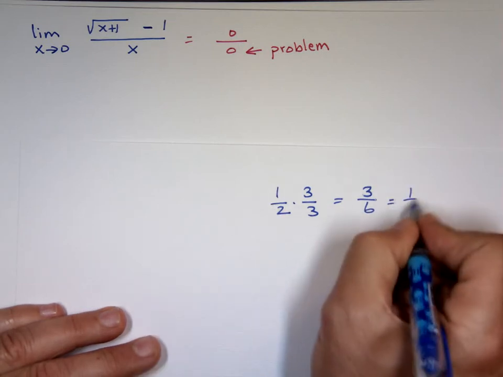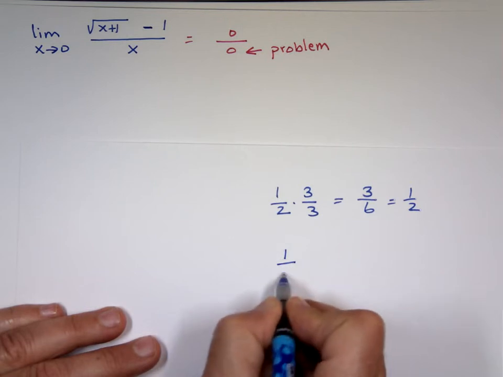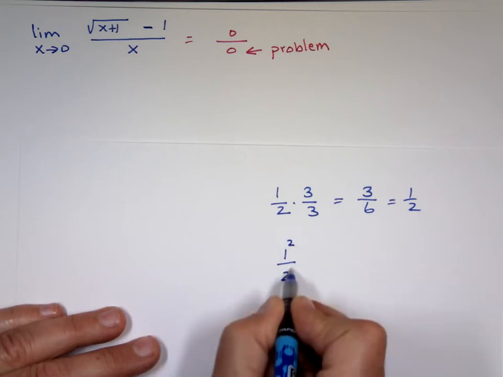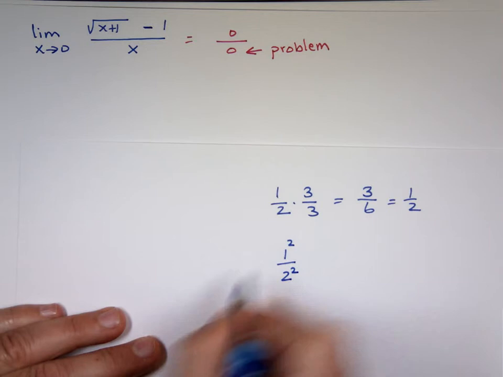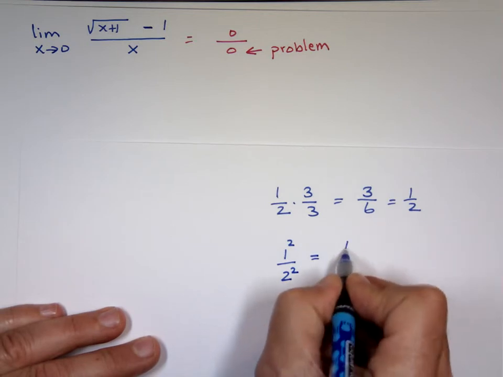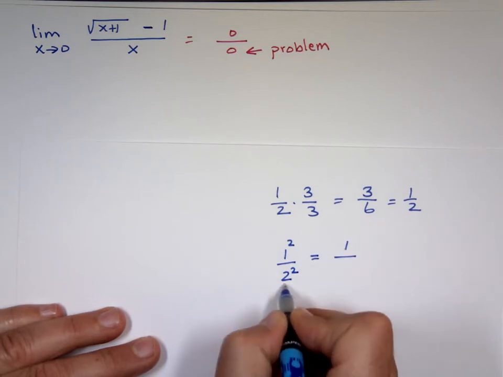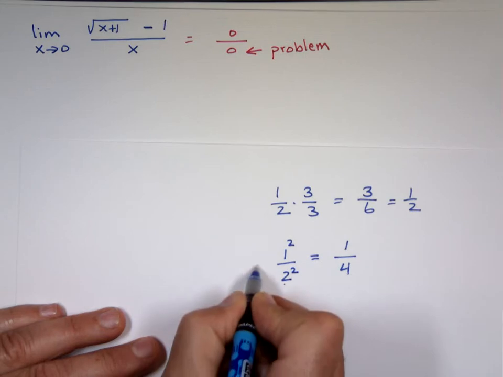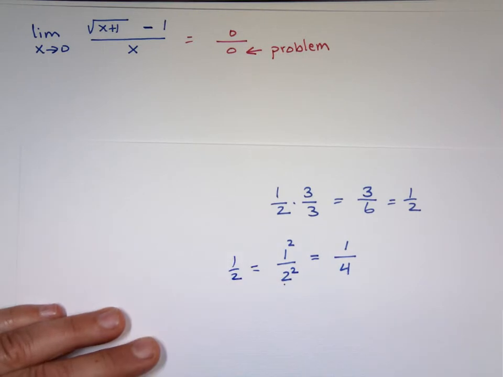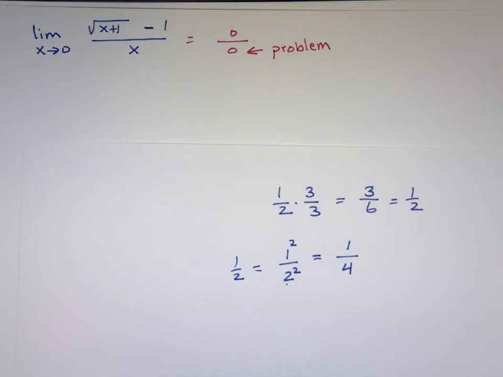Here's what happens when you square the top and square the bottom. When you square the 1, you have 1. When you square the bottom, you have 4. Is that equal to 1/2? No. So when you have a fraction, you can't square the top and the bottom, because you just changed the whole fraction. Mathematically, that's not correct.